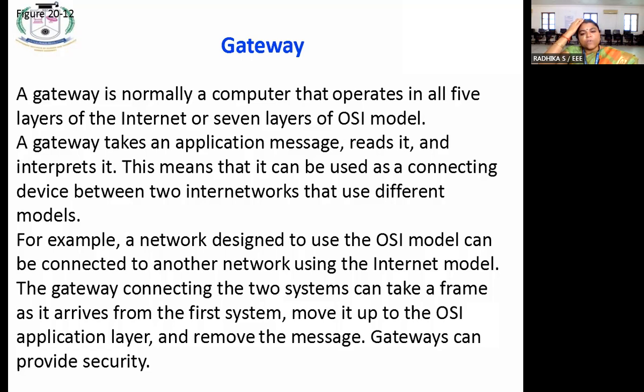If one system works with the OSI model, another is using the TCP/IP model, and I have to connect them together, then I use the gateway. This gateway will have all the provisions required to connect these 2 different networks which differ in protocol.